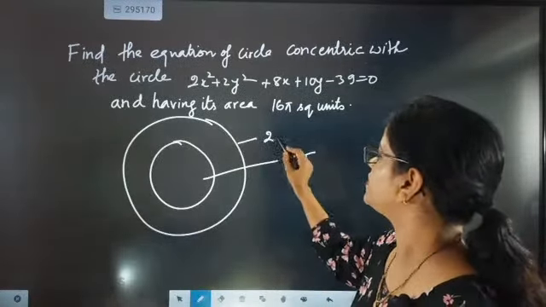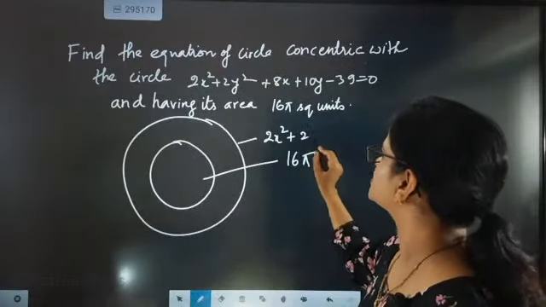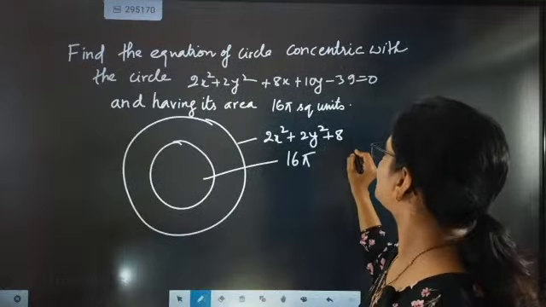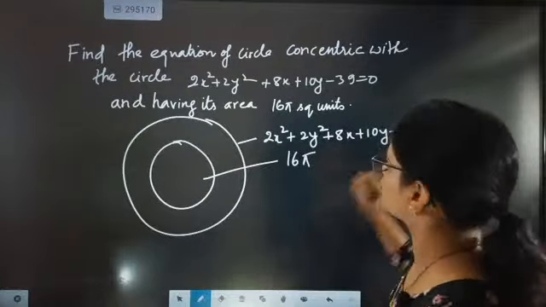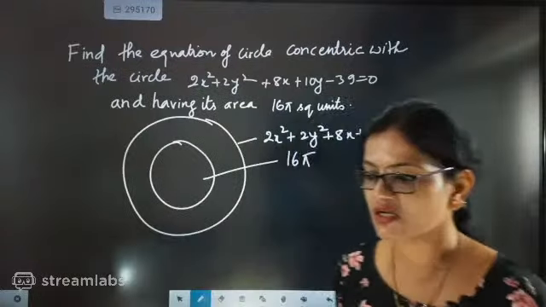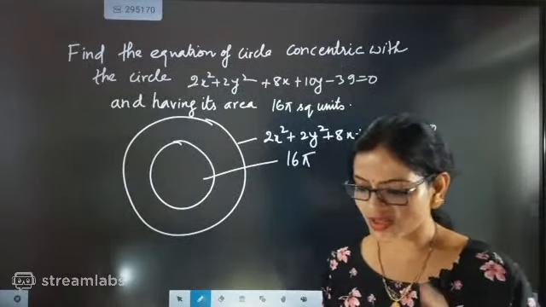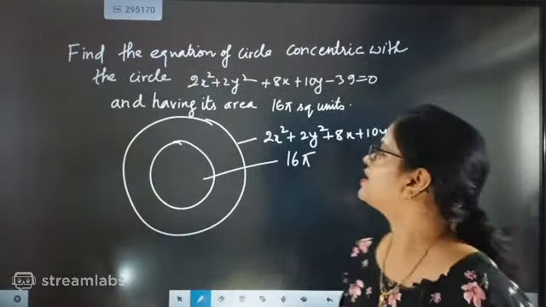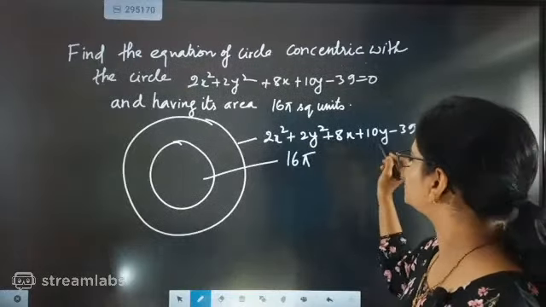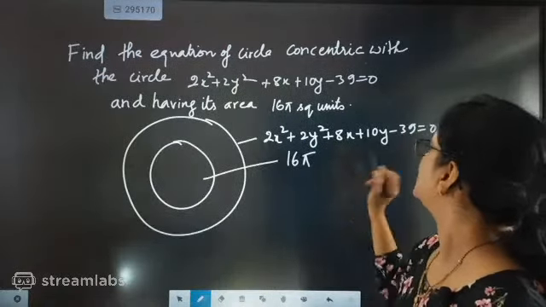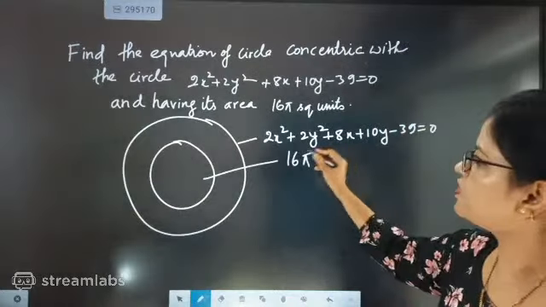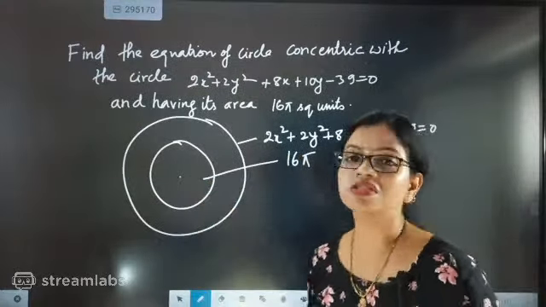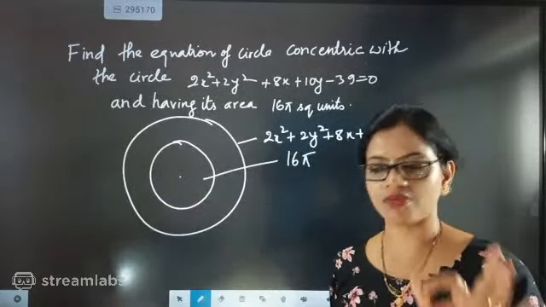They have given the equation of the circle as 2x square plus 2y square plus 8x plus 10y minus 39 equal to 0. From this equation only we can get the center, because concentric circles have a common center.